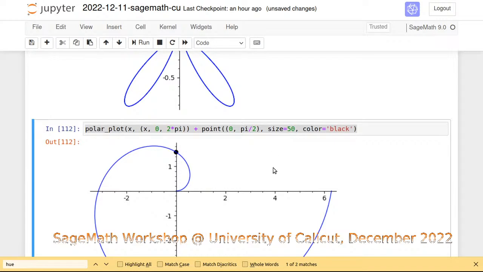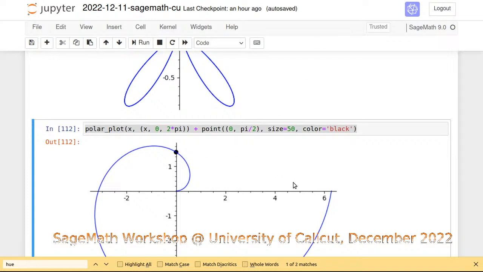So the cardioid, what is the equation of the cardioid? Is it 2 plus 2 cos theta? R equal to 2 into 1 plus cos theta.